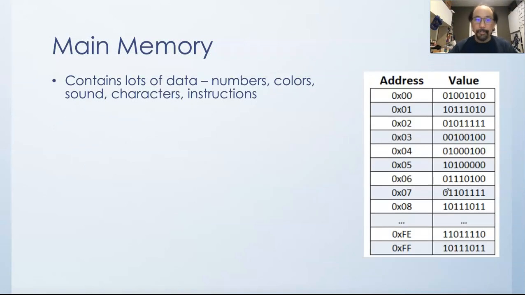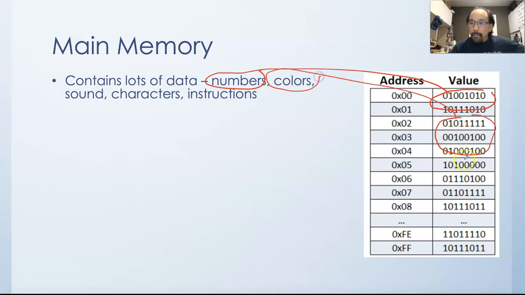So main memory. Main memory basically is the holding place that stores all the ones and zeros of our input and output and instructions. Here's a picture of memory, some numbers maybe, maybe some colors, maybe some characters, maybe some instructions.